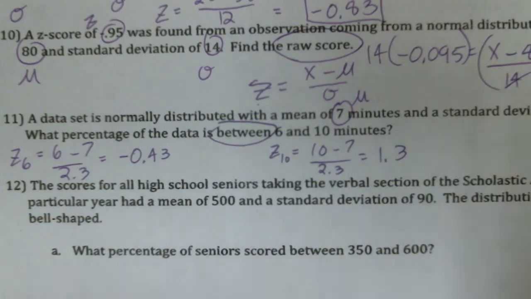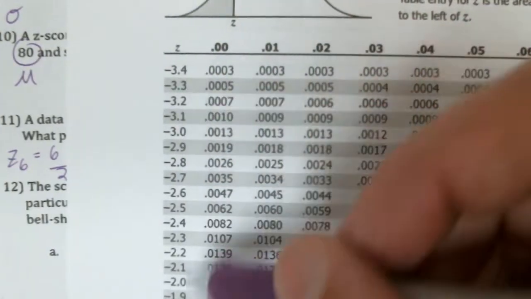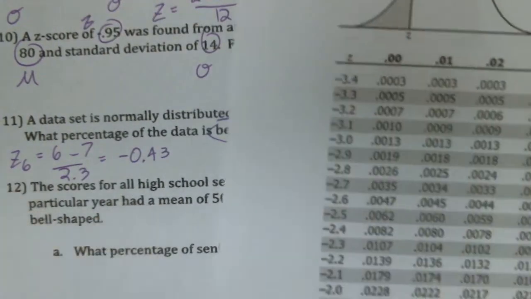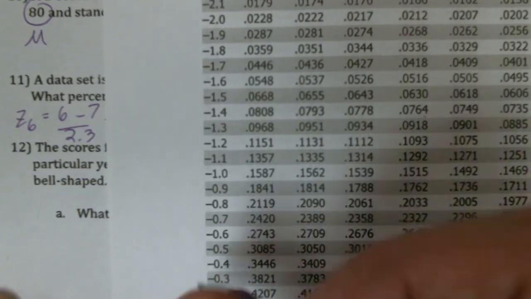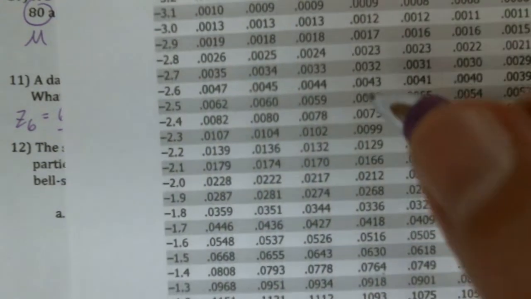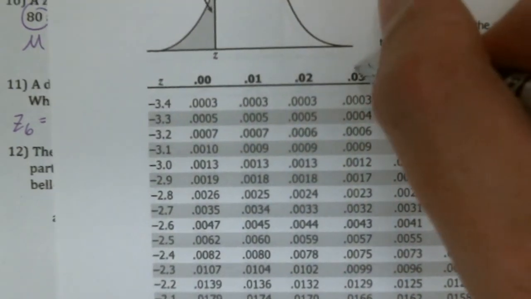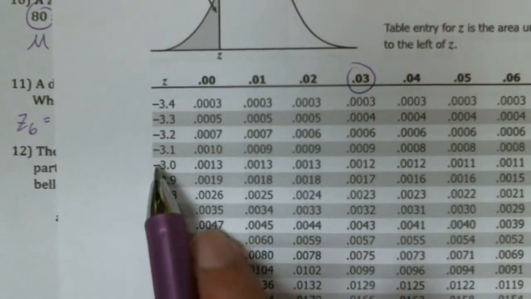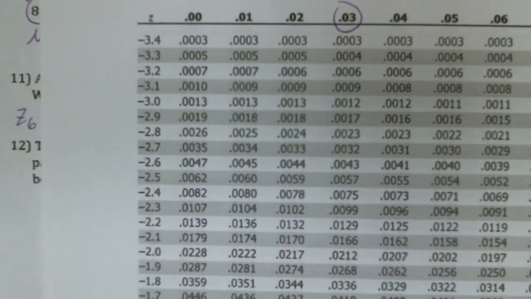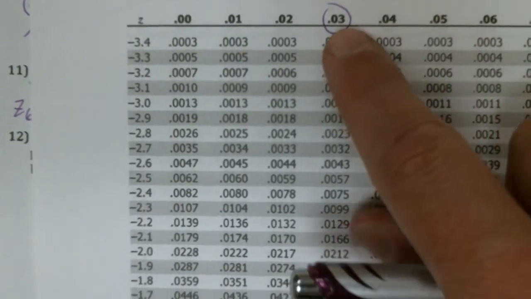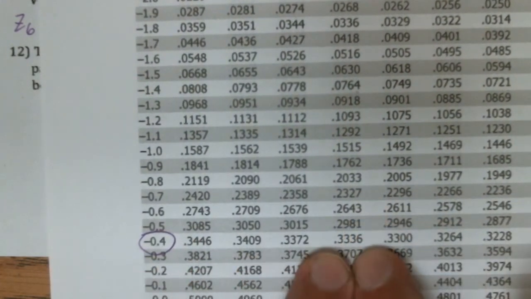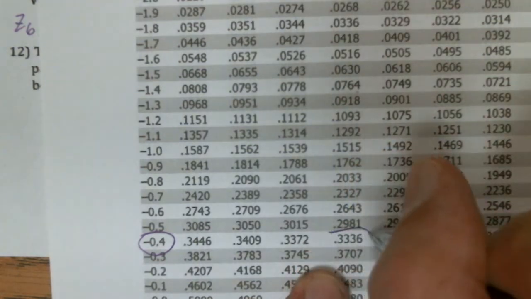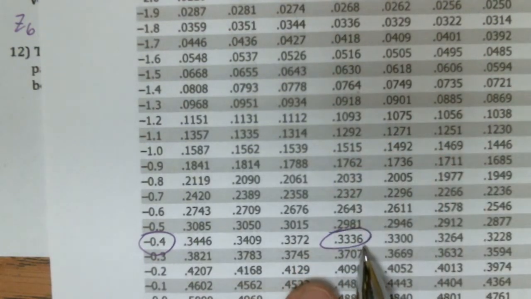Okay, so now I'm on the negatives. Remember, there's a positive and negative on the z-score tables. I'm in the negatives, so I'm going to go to negative 0.43. There's negative 0.4, and then I go up here to 0.03. This is my tenths place, and these are my hundredths place. So I simply find where the 0.3 number matches the 0.4 number, and that's going to be right here, 0.3336.